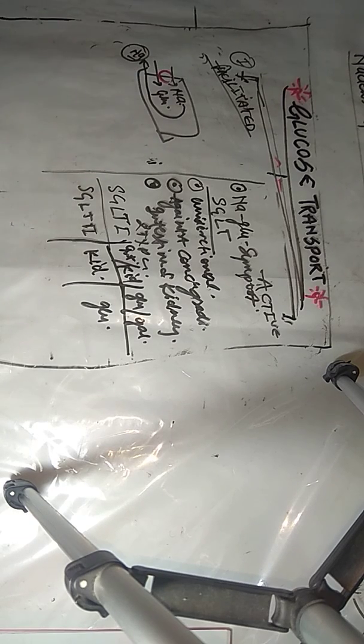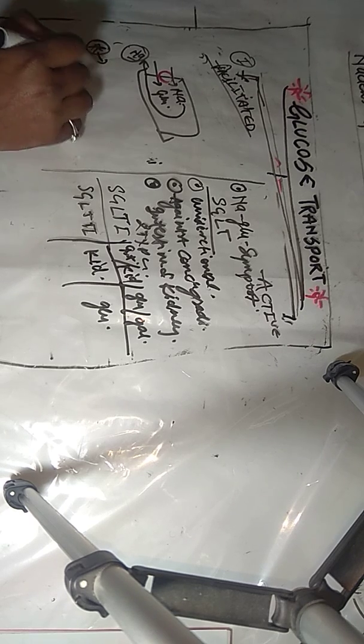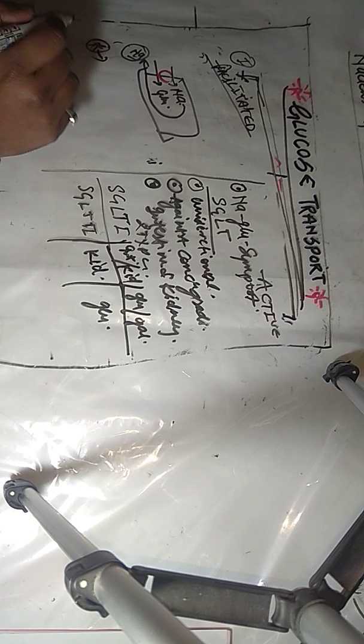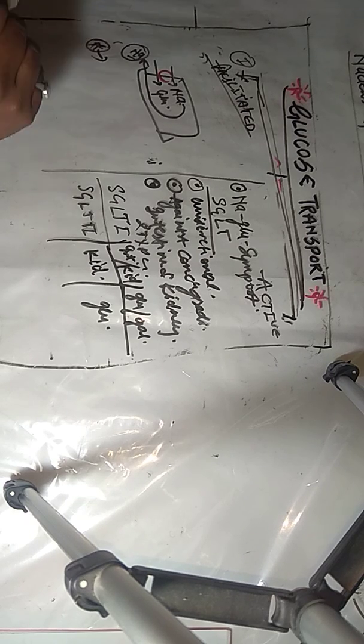At this concept, one question is frequently asked: why is the transport of glucose through the sodium glucose import mechanism known as secondary active transport?